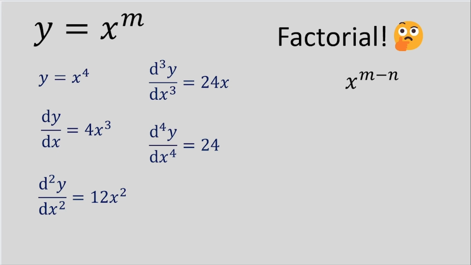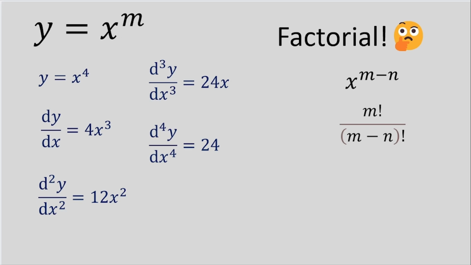Now we should deal with the constants. As we have said, the constant has to do with factorial. If we try to observe this and apply mathematical induction here, we get that the constants follow a formula like this: m factorial divided by (m minus n) factorial.